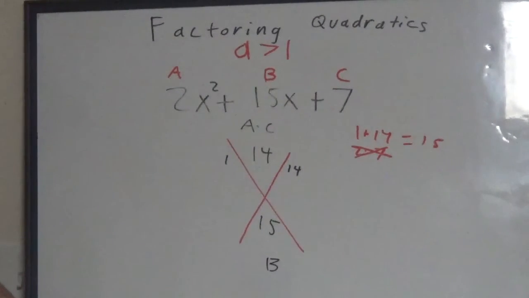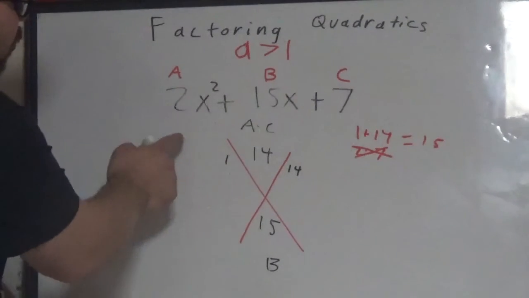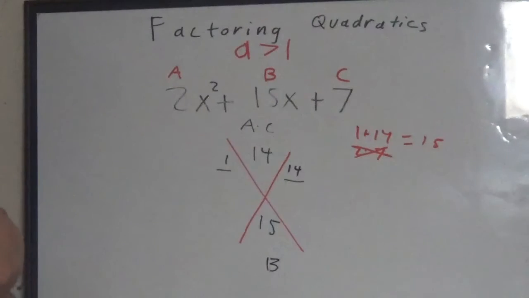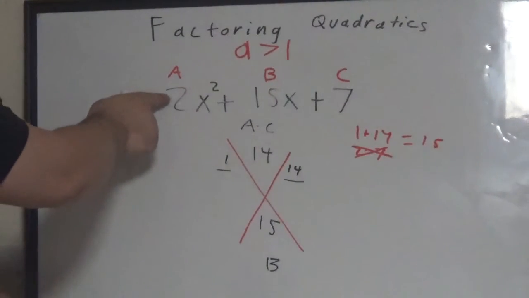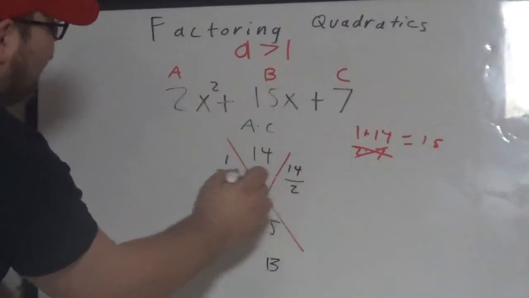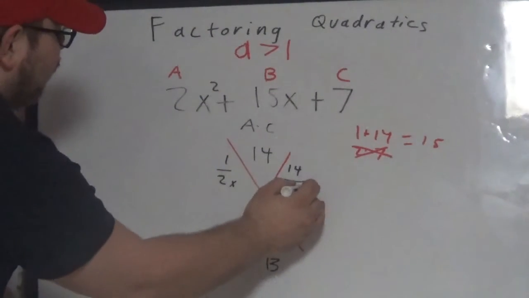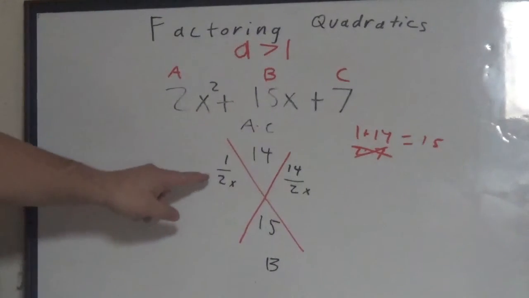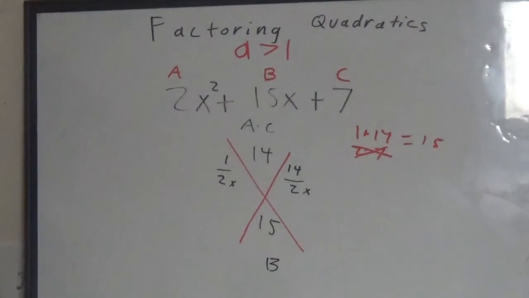So what we're going to do is make a fraction. We're going to take the a value and put it on the bottom of the fraction. And I like to go ahead and put the variable next to it, just to make it easier to remember that we're going to put 2x. So we have 1 over 2x and 14 over 2x.